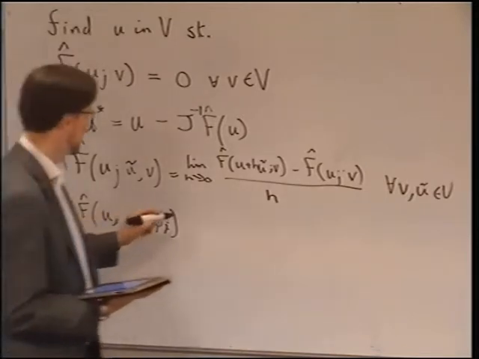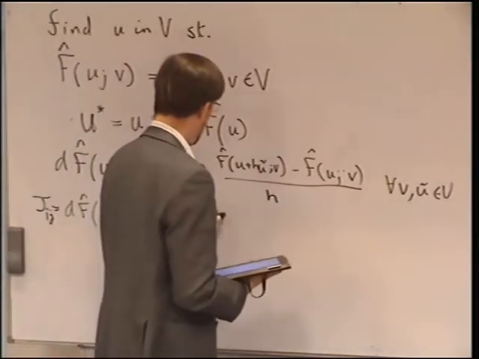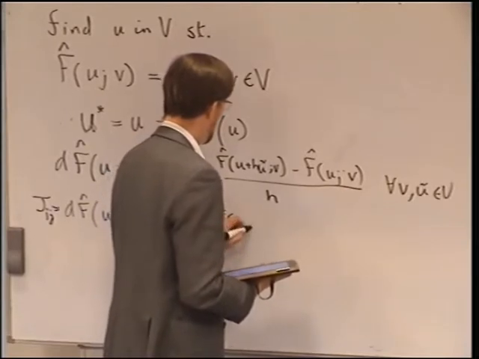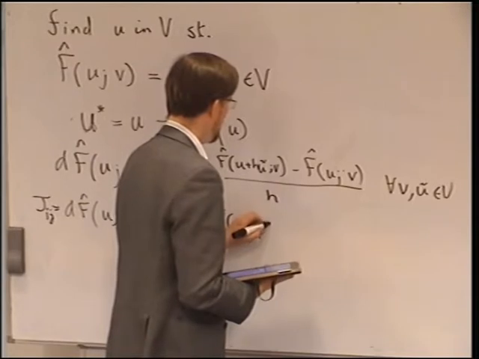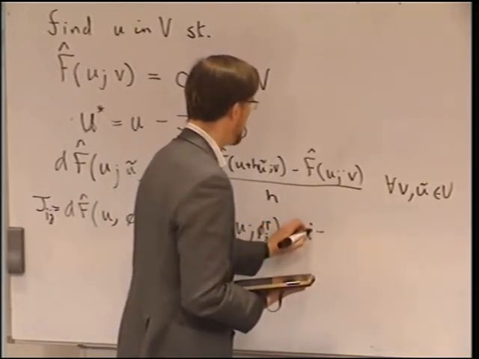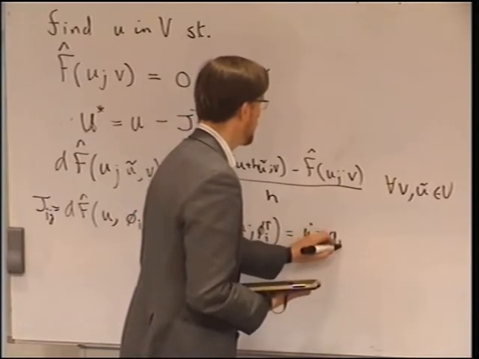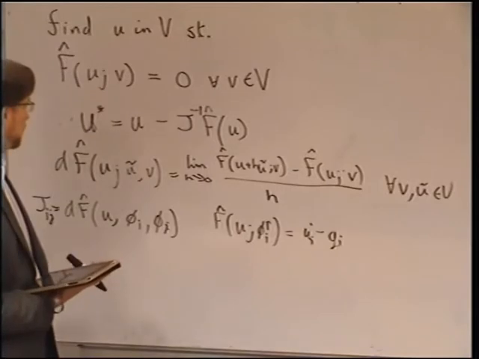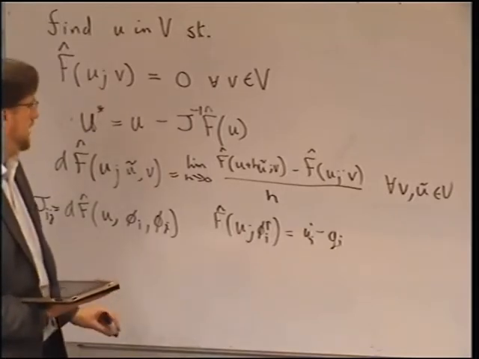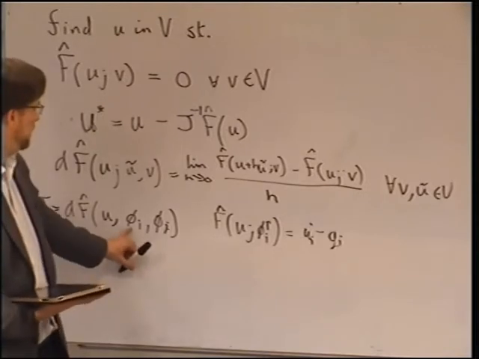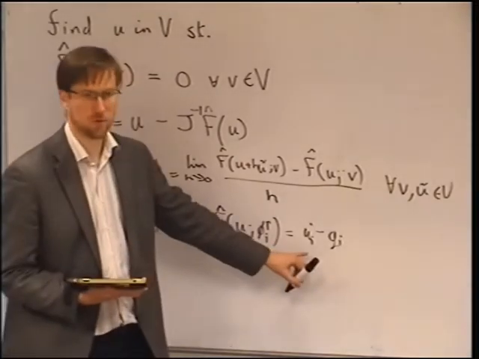So in those circumstances, remember, f hat of u, phi gamma i is equal to u_i minus g_i. So what's the derivative of that in the direction of the phi j basis function of u?